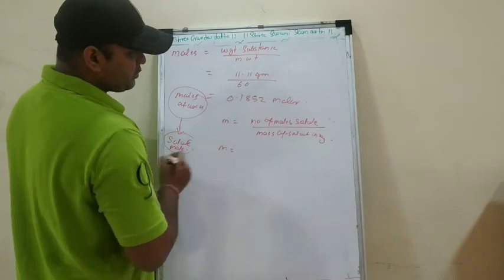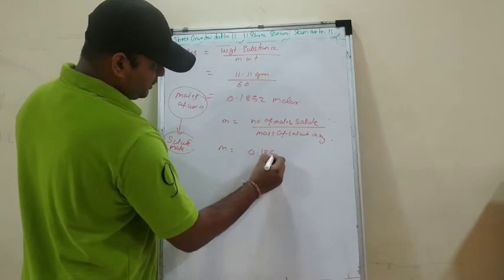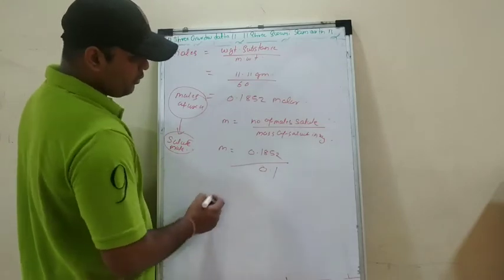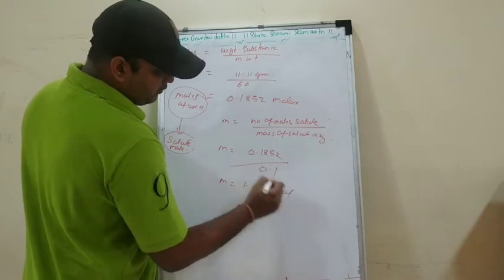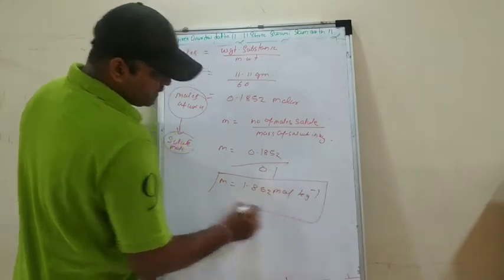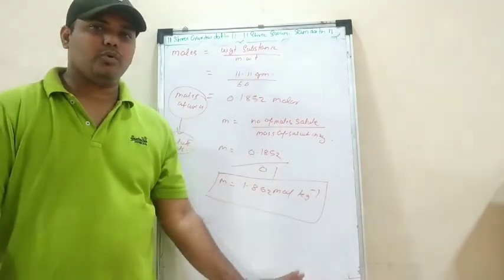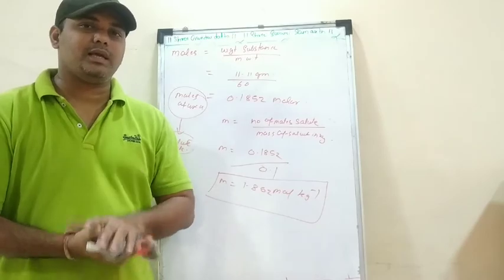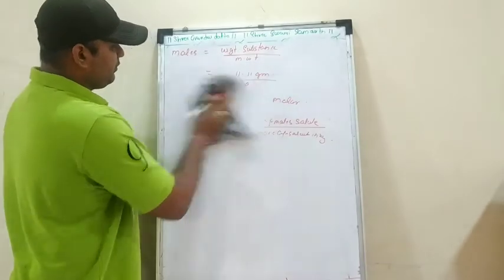So m is equal to number of moles of solute, that is 0.1852, divided by mass of a solvent in kg, that will be 0.1. It will be something like 1.852 mole per kg. So this is the answer of a molality, right? I hope that you might have understood this problem. You have to note down this problem. It is a very, very important problem. Such type of problem can be asked in the exam for 2 marks, right? Okay. Now let's move further.